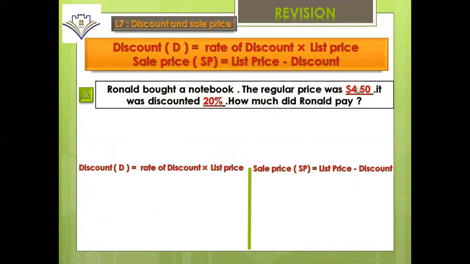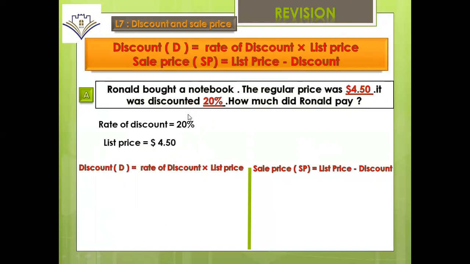We have here two numbers. What is this number? $4.50. Is it the discount? No. Is it a rate or list price? Yes, it's a list price.